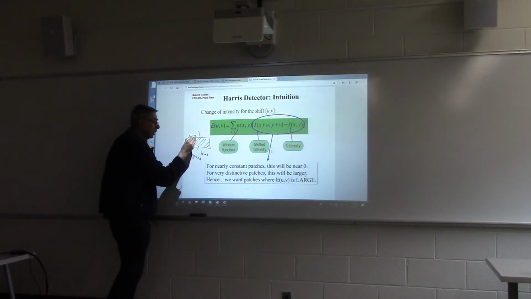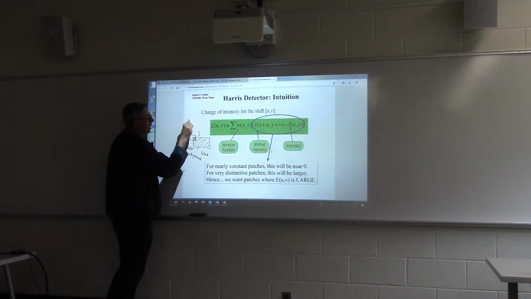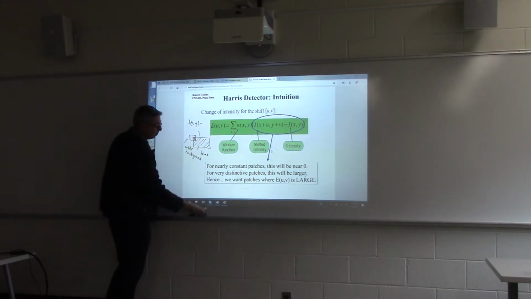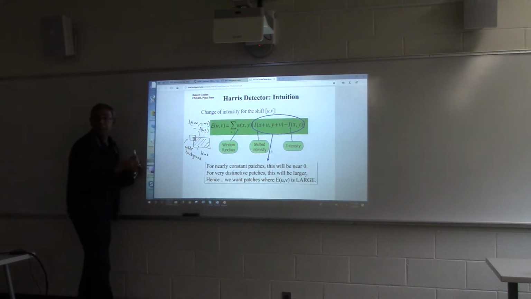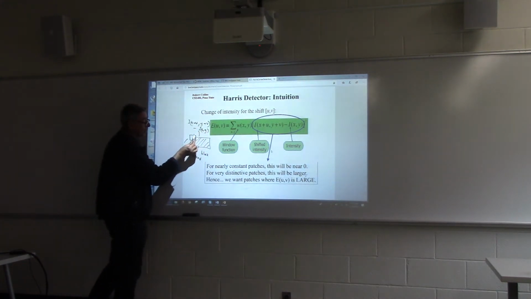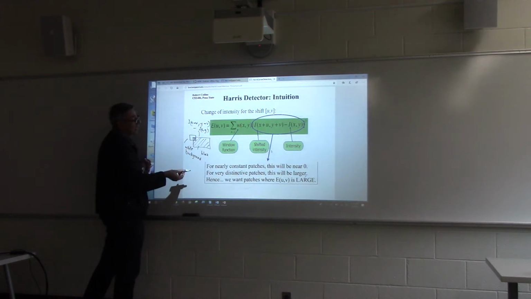So if you take a look over here, if the window is over here, if we did I(x+u, y+v) minus I(x,y), and pretend (u,v) is just 1 pixel, meaning 1 pixel to the right, 1 pixel down.